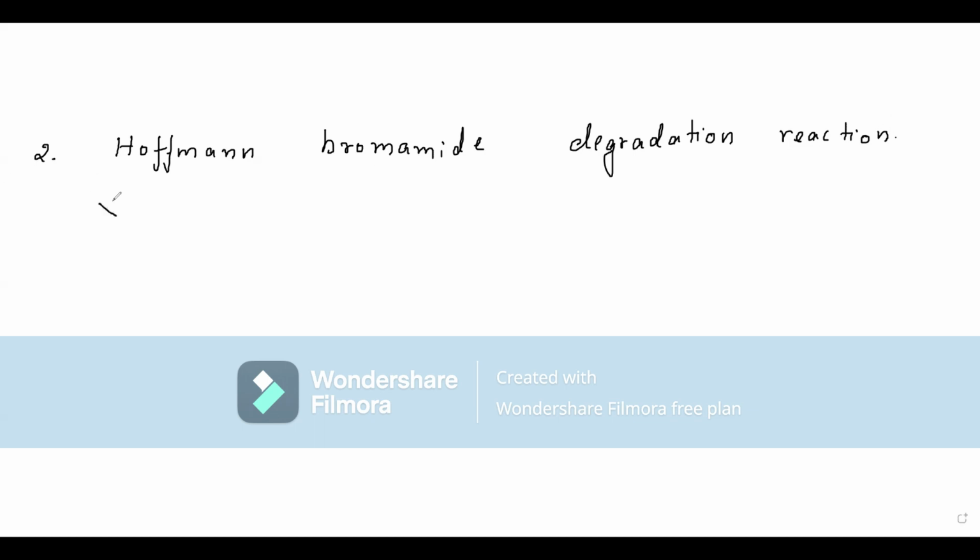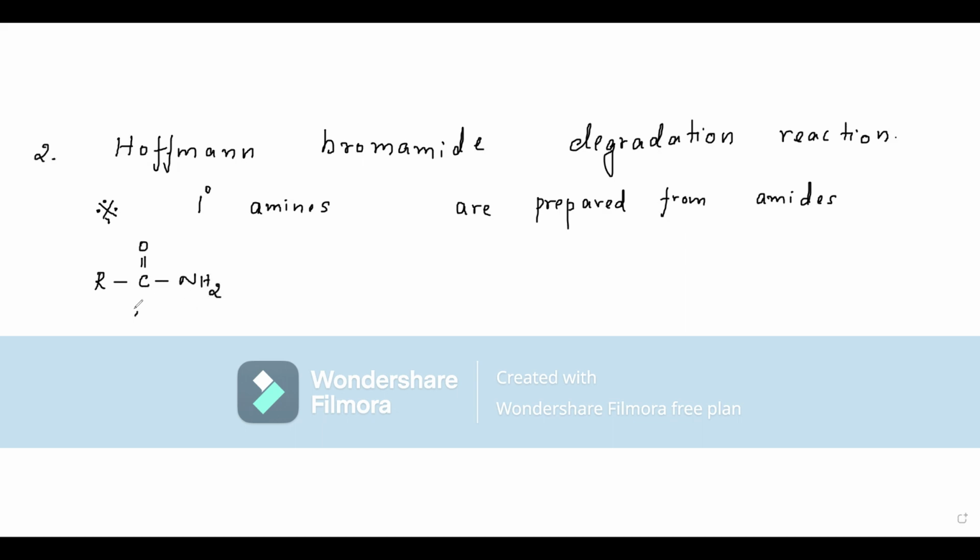So, one of the important points to keep in mind here is primary amines are prepared from amides. So now what are amides? Amides are compounds of the type R C double bond O NH2.